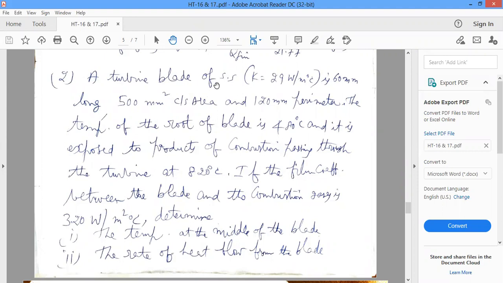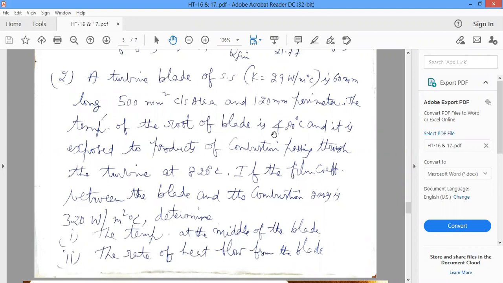Length of the blade 60 mm and cross sectional area 500 mm square. He has given the area directly, area is equal to 500 mm square. And the perimeter is also directly given, 120 mm. Perimeter is a length only, 120 mm.